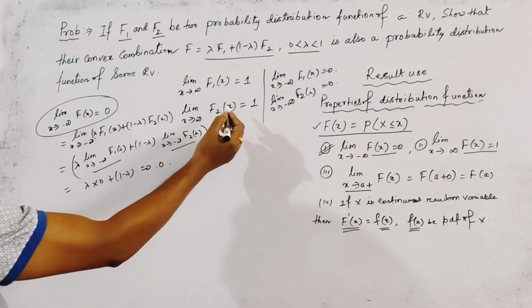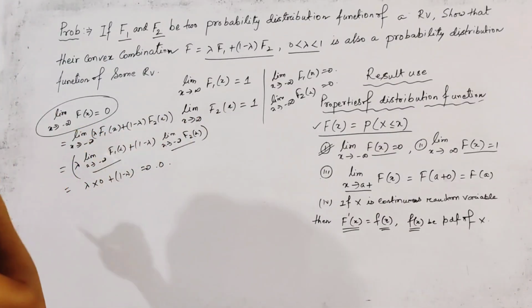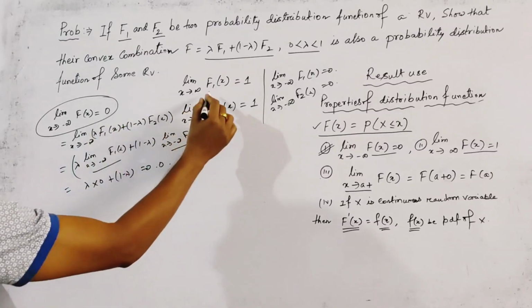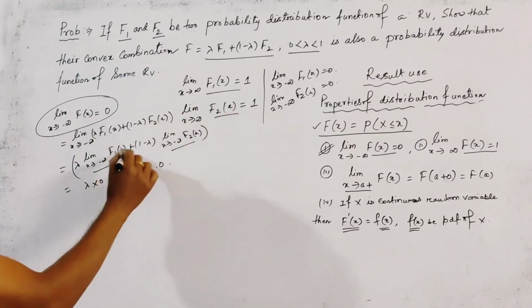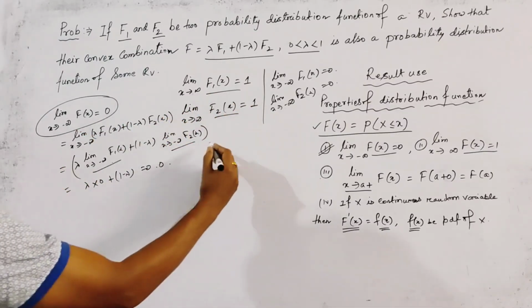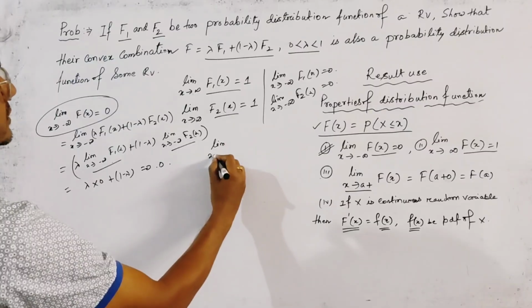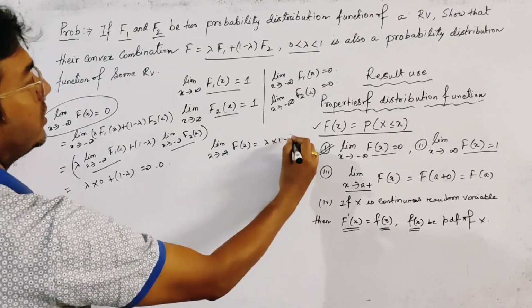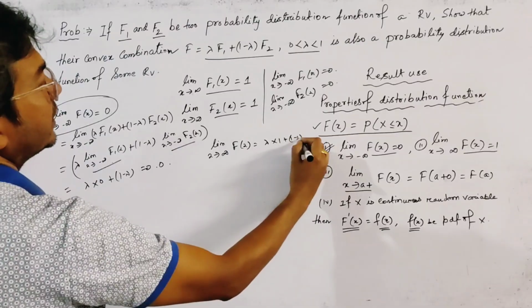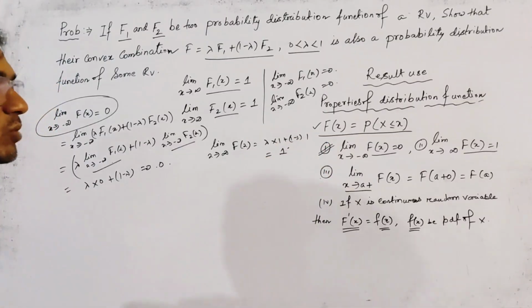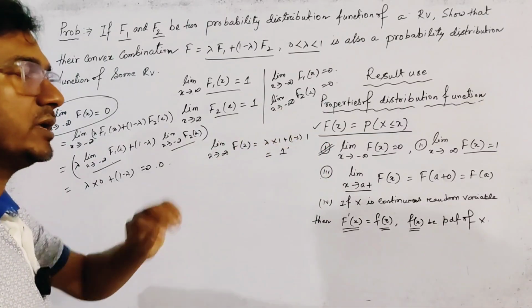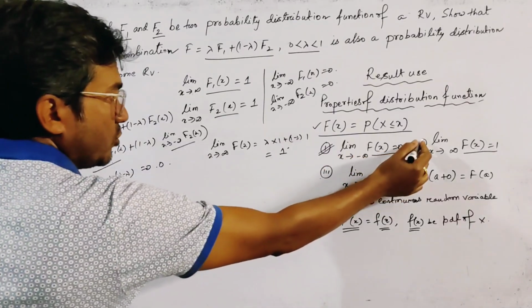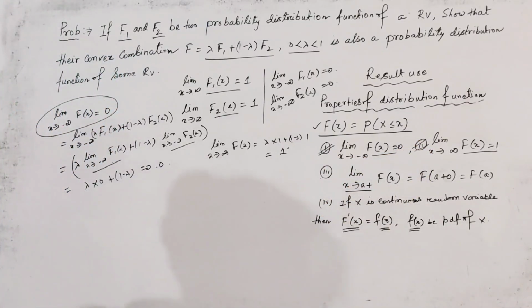So this is 0, and this is the first property. Similarly, if we take limit x tends to infinity and put in the values of these limits, we get limit of F(x) as lambda into 1 plus (1 minus lambda) into 1, which is obviously 1 because lambda and minus lambda cancel out. So the second property also holds.